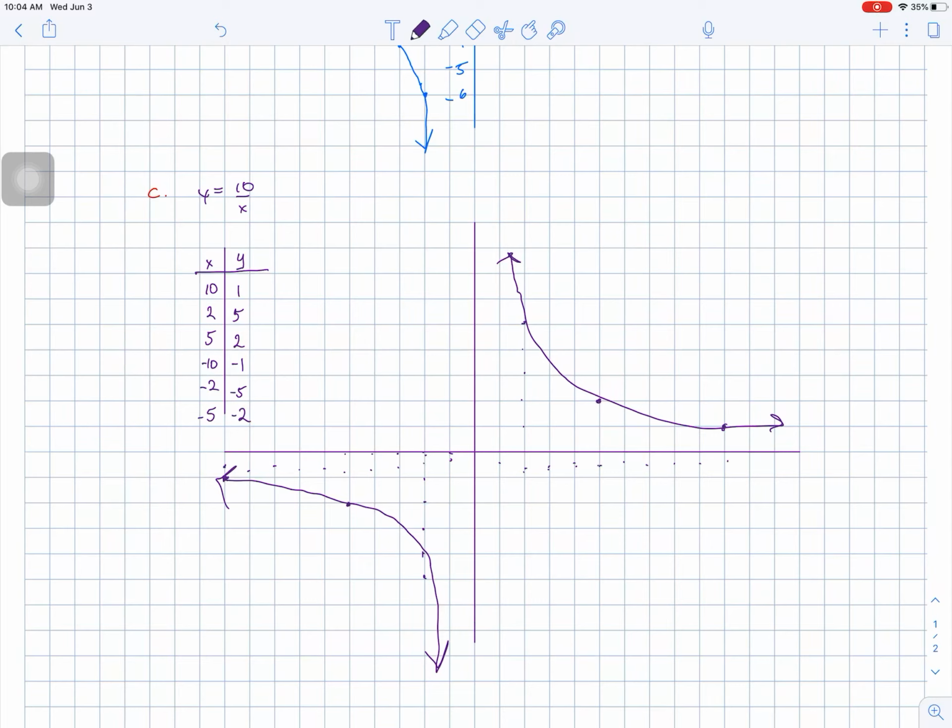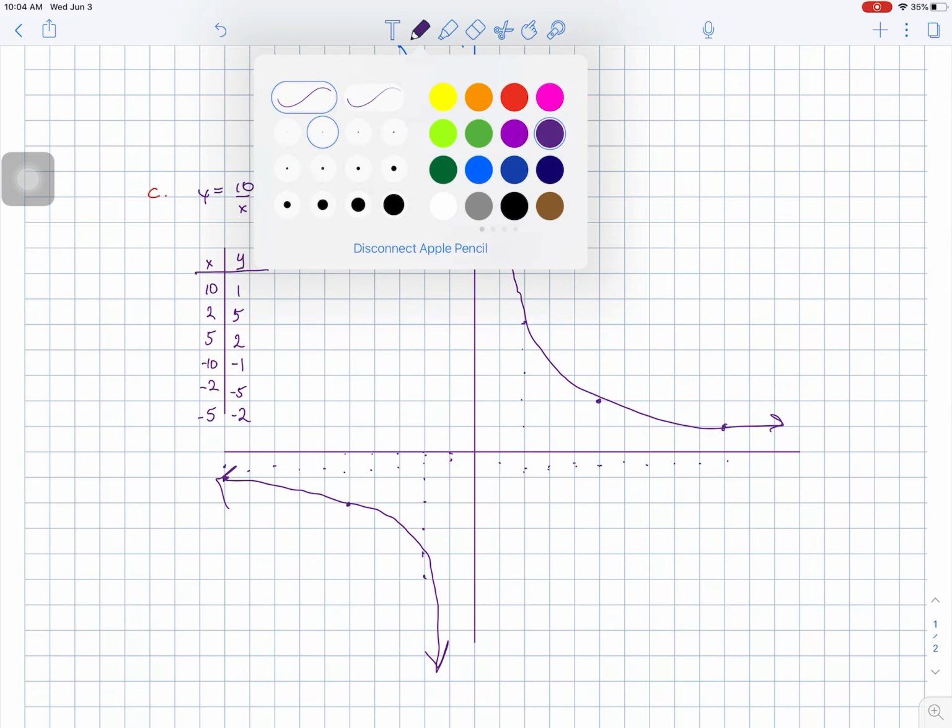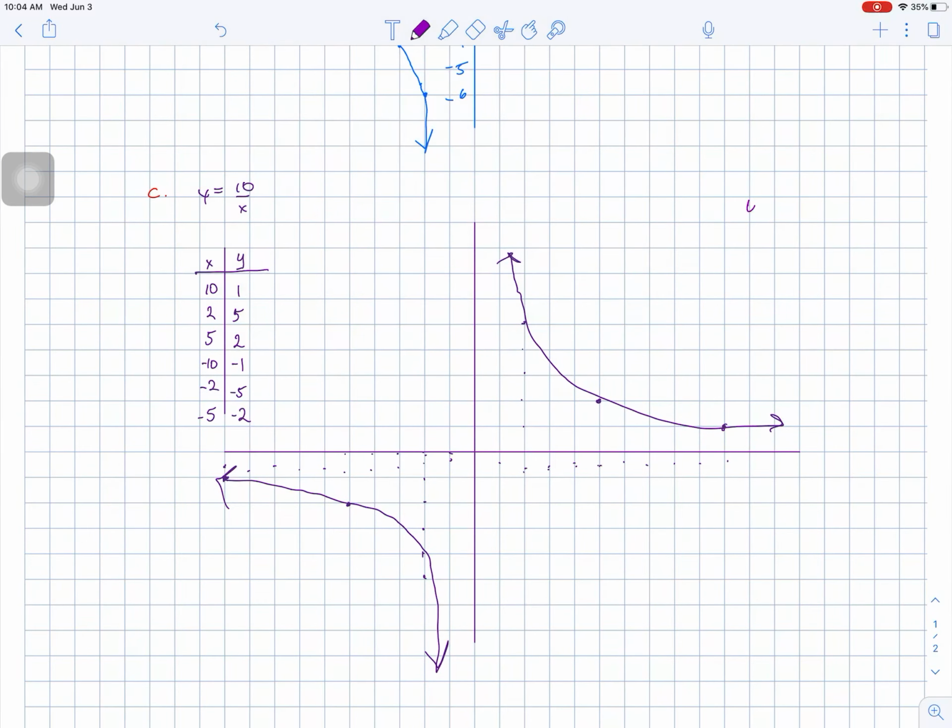And the last one is y equals 2x squared. Let's graph that one using positive and negative numbers as well. We're just going to make x, y, and we're going to have 0, 1, 2, 3, and then negative 1, negative 2, negative 3.